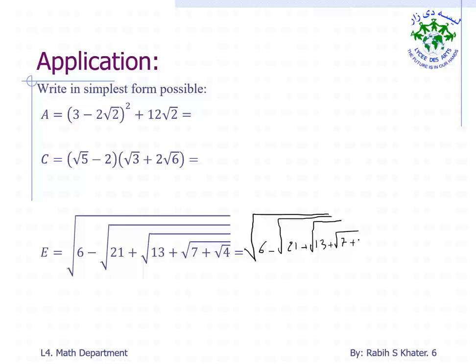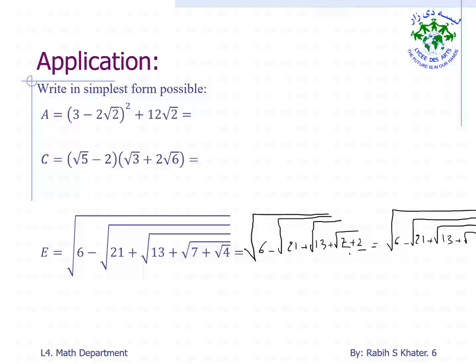It's 2. So you'll have square root of 6 minus square root of 21 plus radical 13 plus radical 7 plus 2.